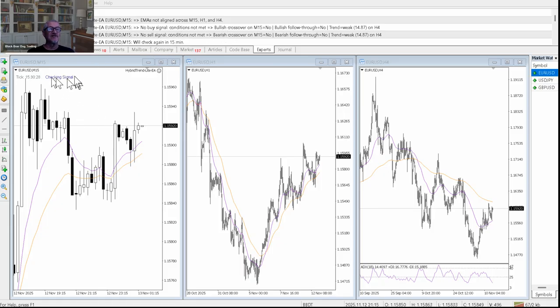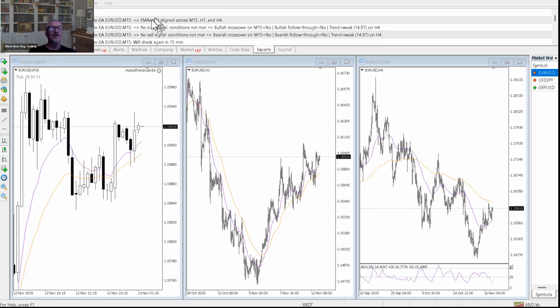That's why it says here that it's checking for signal, and you have a tick here. As long as this moves, that means there is something happening in the market. Market is working. It may be slow, it may be sluggish, but the changing of ticks means that there is something happening on the market.